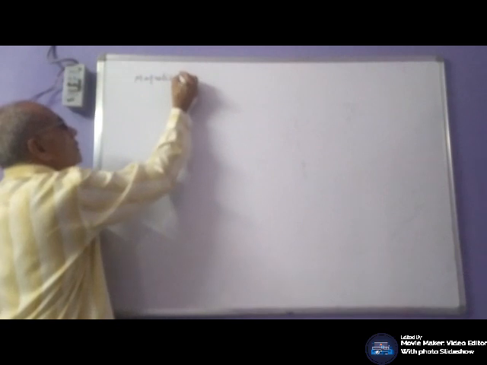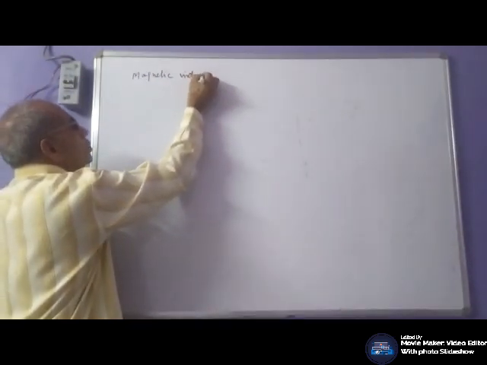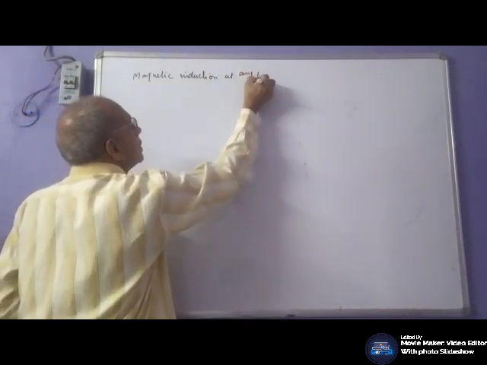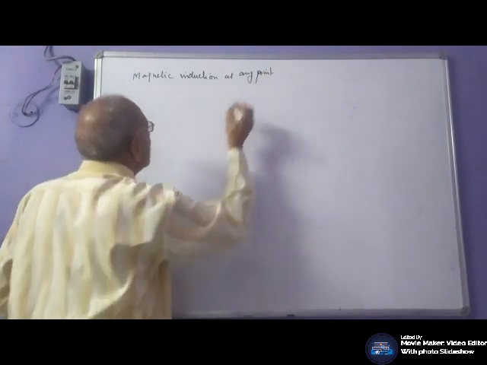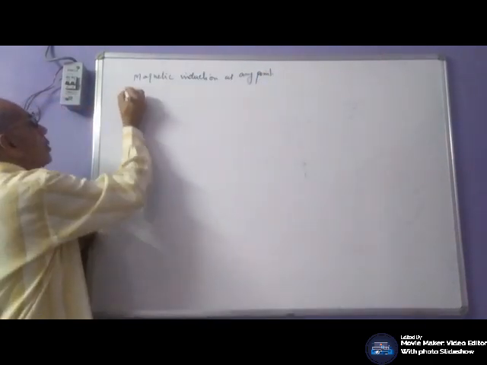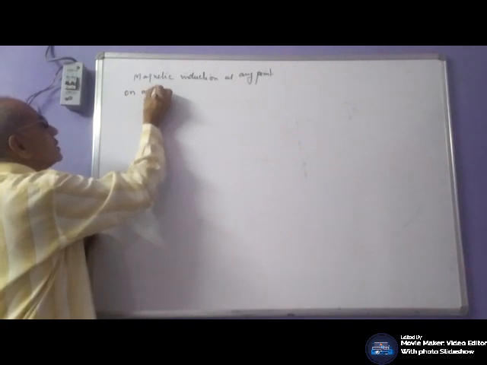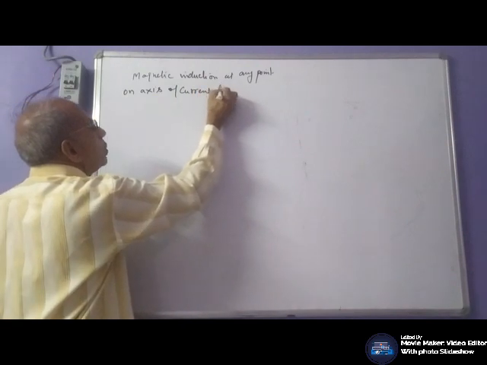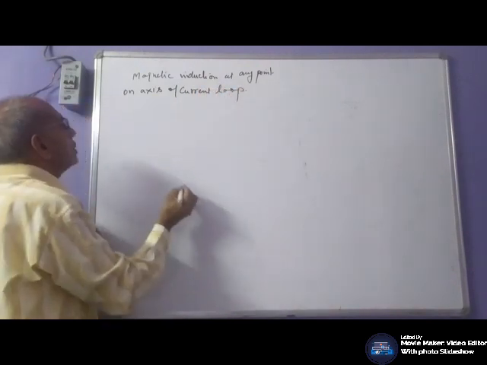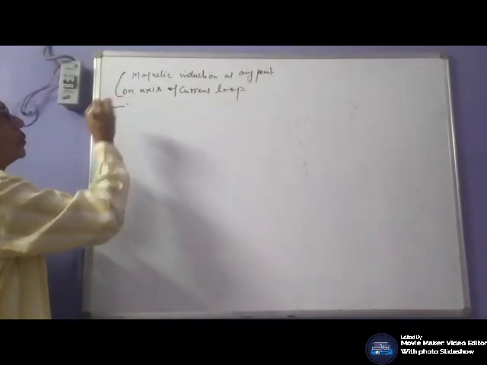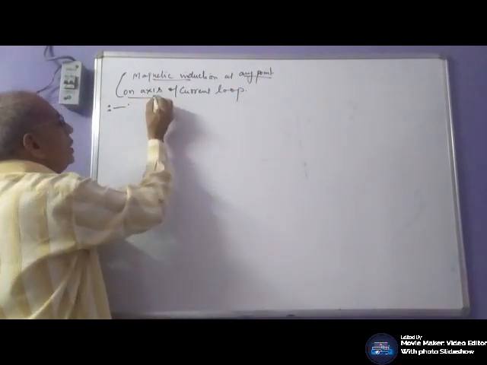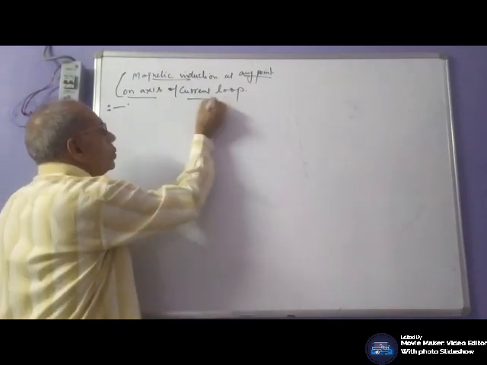Magnetic induction at any point on axis of current loop. Now this is the question: magnetic induction at any point, and the point is on the axis of a current loop.